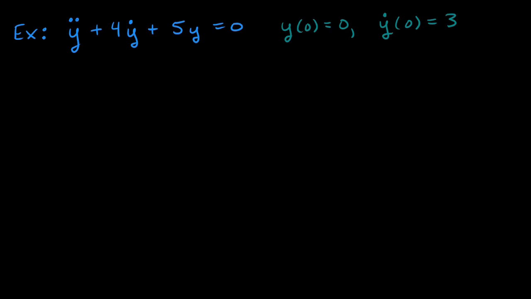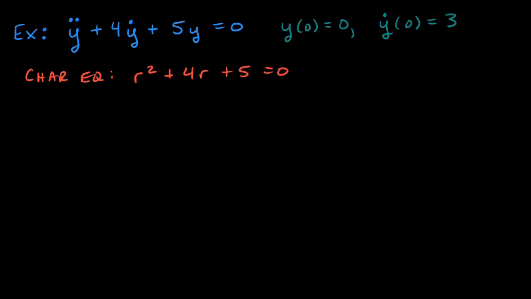All right, so first of all, we're going to look at the characteristic equation. So the characteristic equation is going to be r squared plus 4r plus 5 equals 0.